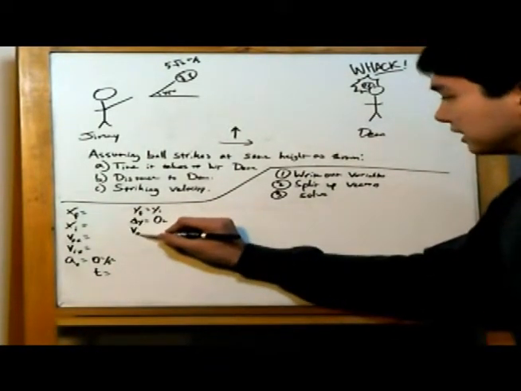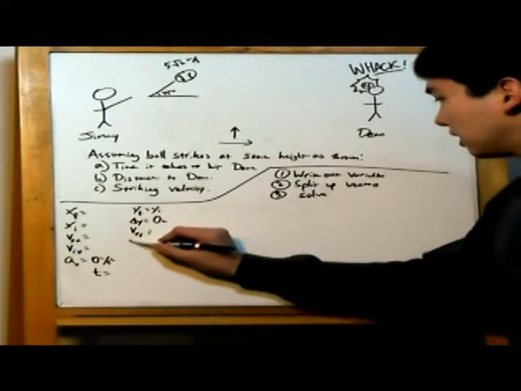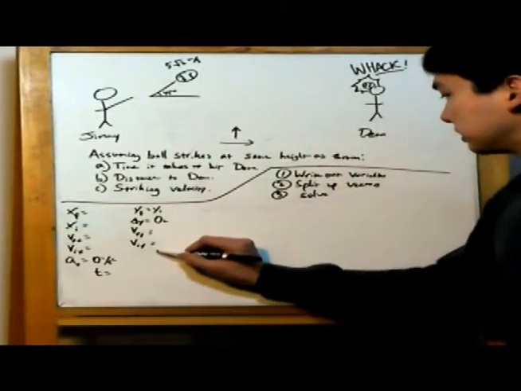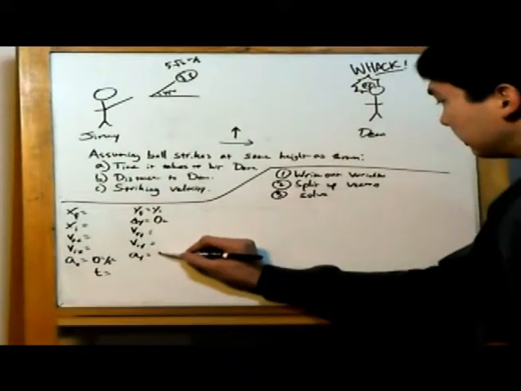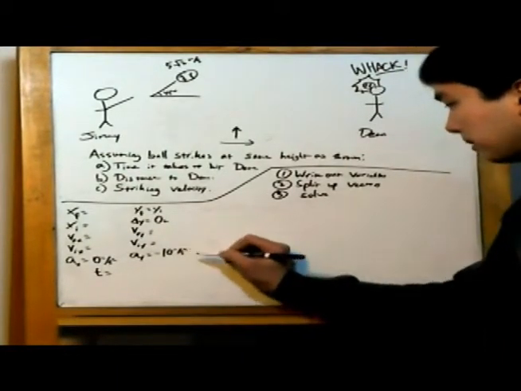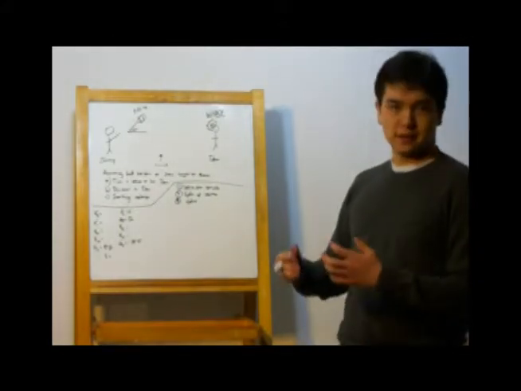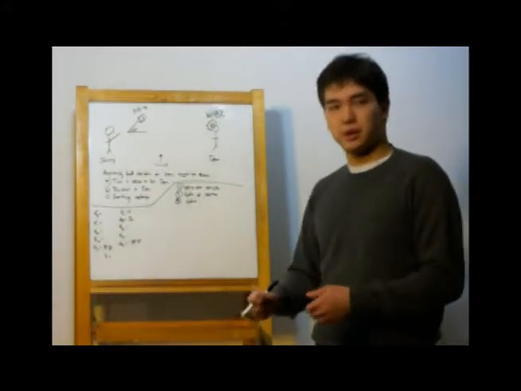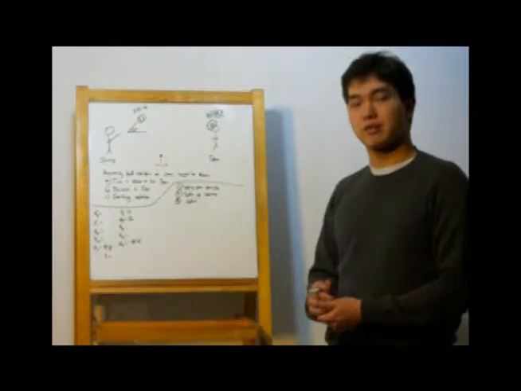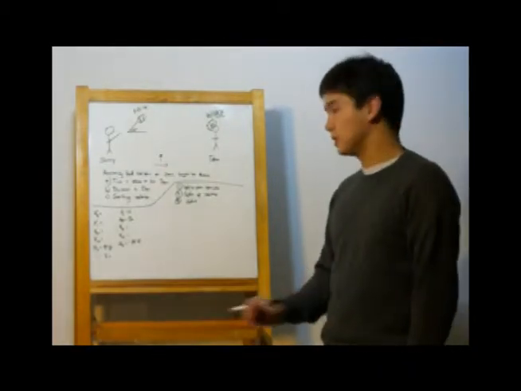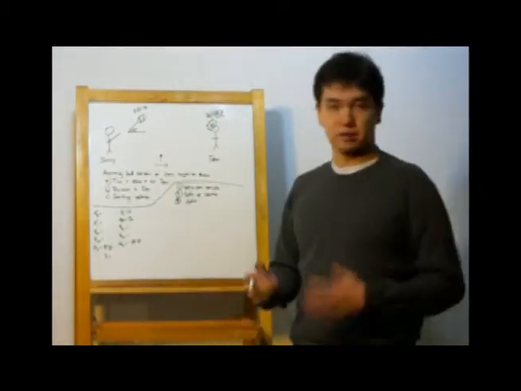Okay, so let's move on. Our final velocity in the y dimension is unknown. Our initial velocity in the y dimension is unknown. Our acceleration in the y is negative 10 meters per second squared. So you might be wondering where I got that. Well, we're going to assume that this problem takes place on Earth. Unless it says it takes place somewhere else, or it gives you a specific acceleration due to gravity, we can assume that in the vertical dimension, gravity is acting on whatever's happening.